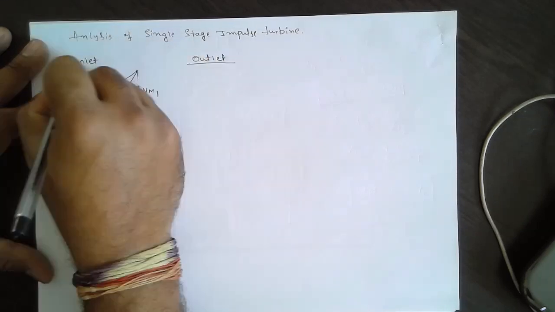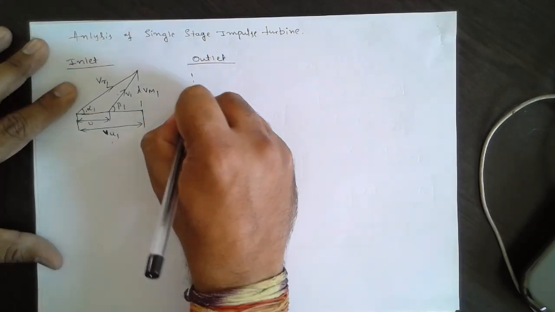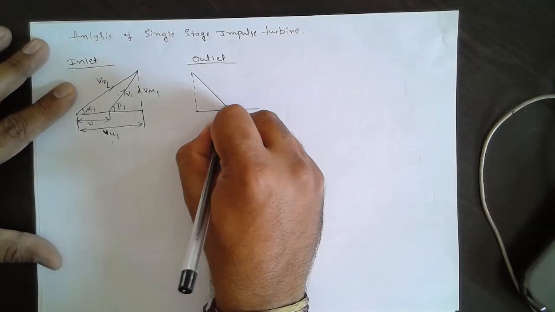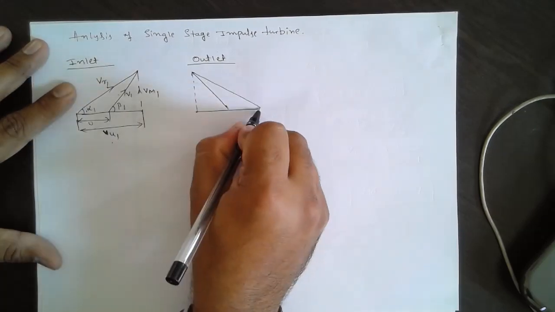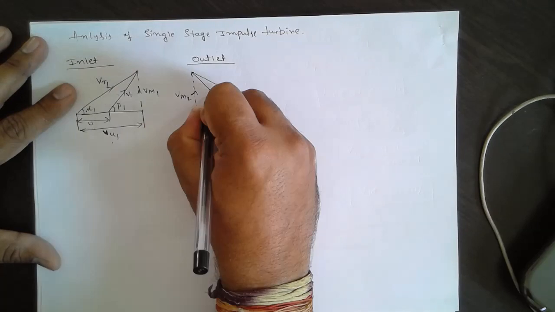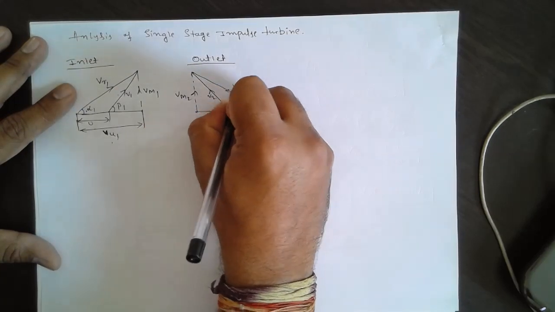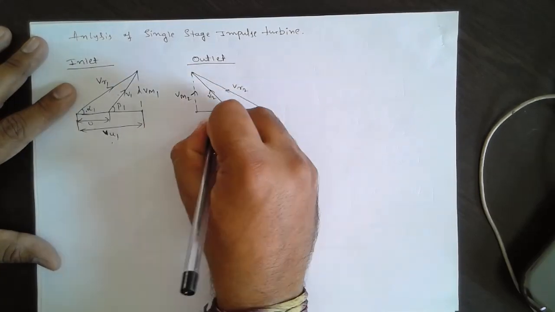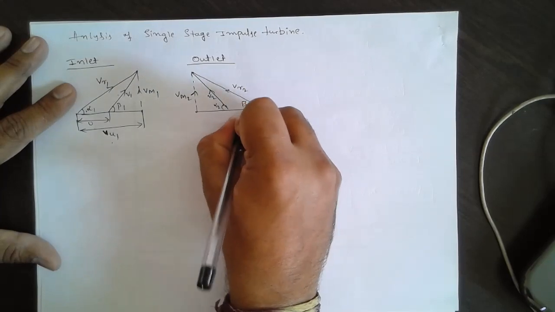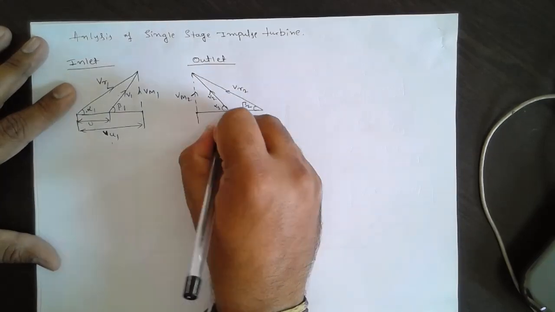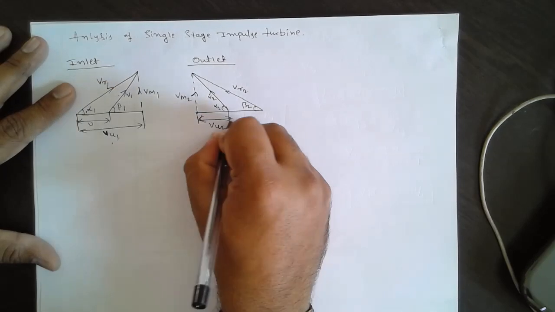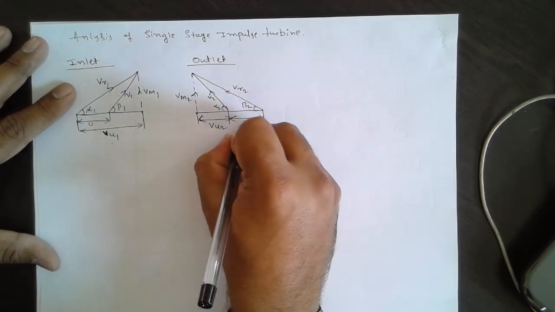The inlet velocity, the absolute velocity, impinges the blades, and V1 is always greater than V2, which means the velocity decreases. There we consider the outlet velocity triangle. This is V2 and this one VR2, with the absolute velocity angle alpha 2 and blade angle beta 2. The tangential component of V2, with VM2, is called VU2, and the same way is the U value.